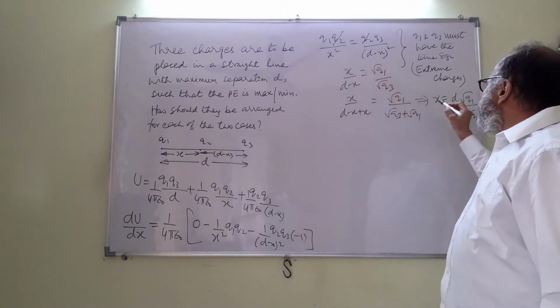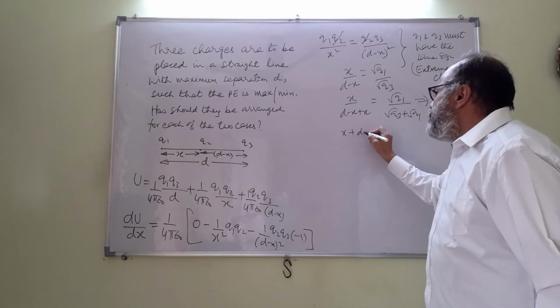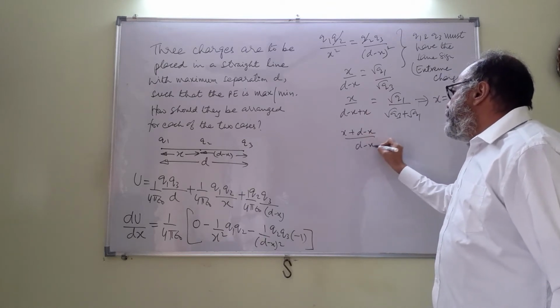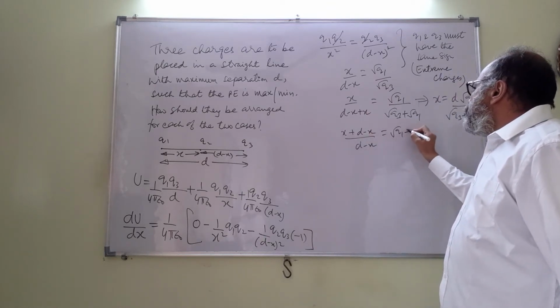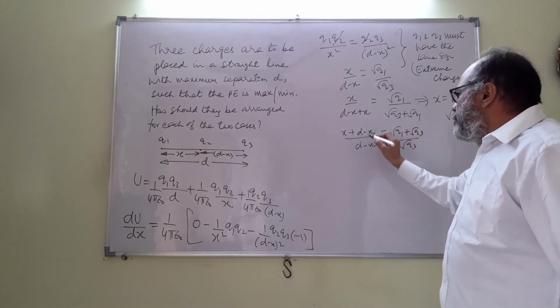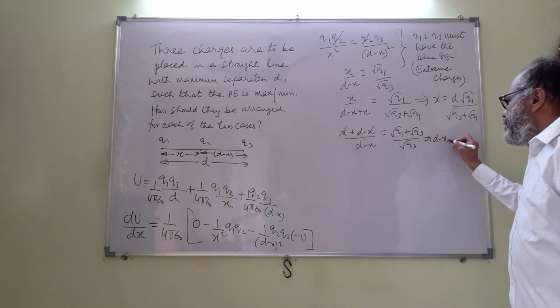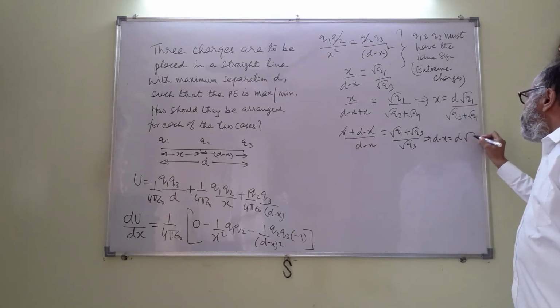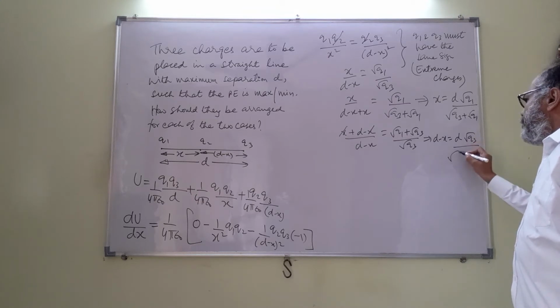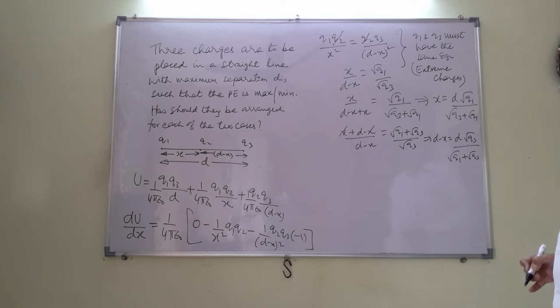Again doing componendo dividendo, you will get x plus d minus x by d minus x is equal to root Q1 plus root Q3 by root Q3. So x cancels and you get d minus x is equal to d into root Q3 by root Q1 plus root Q3. That is d minus x.